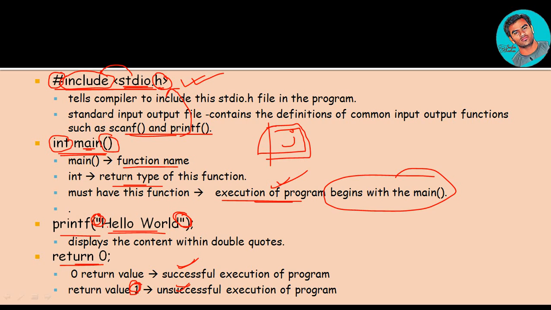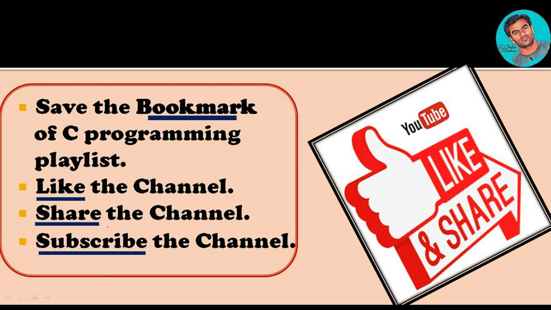To whom is the value returned? The main function returns a value to the operating system, which will understand whether the successful or unsuccessful execution of a program has happened, and execute certain instructions according to that. So this is nothing but a basic introduction to your C program.